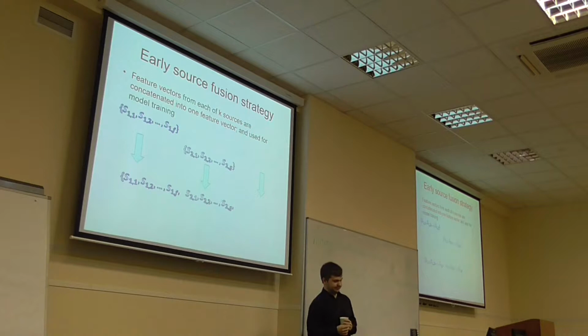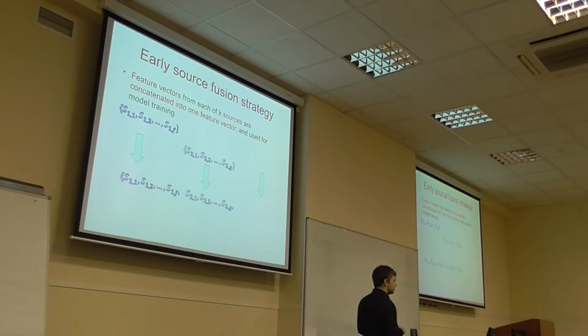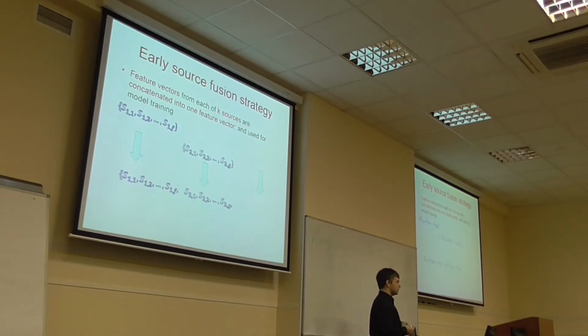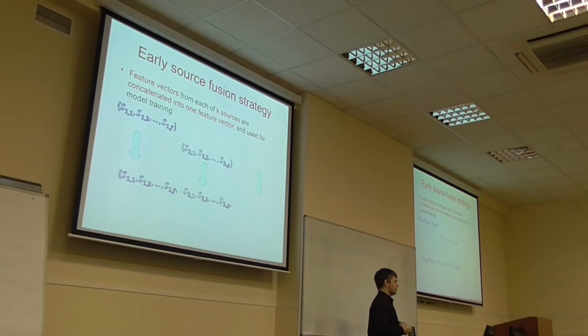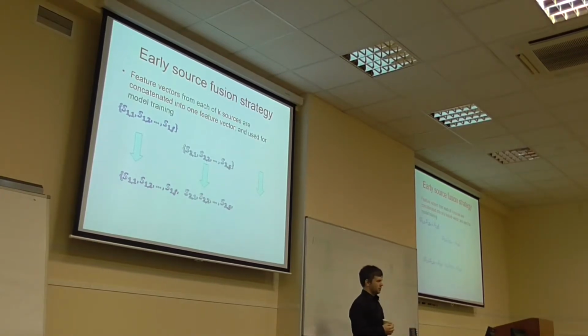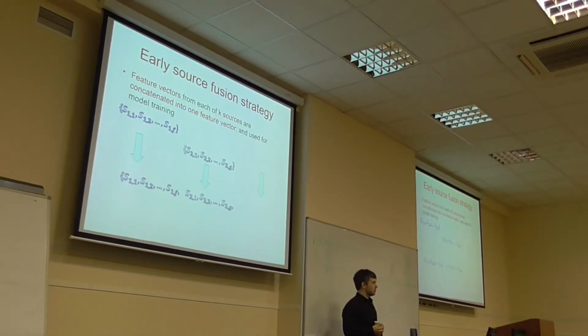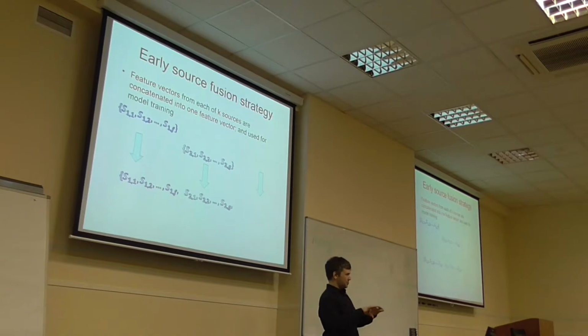Dimension. Correct, that's actually the biggest problem. Quite often it's a very big dimension. What else? What if some source is missing? And this is another very big problem. So what many recent research works do is not tackle the source fusion problems.